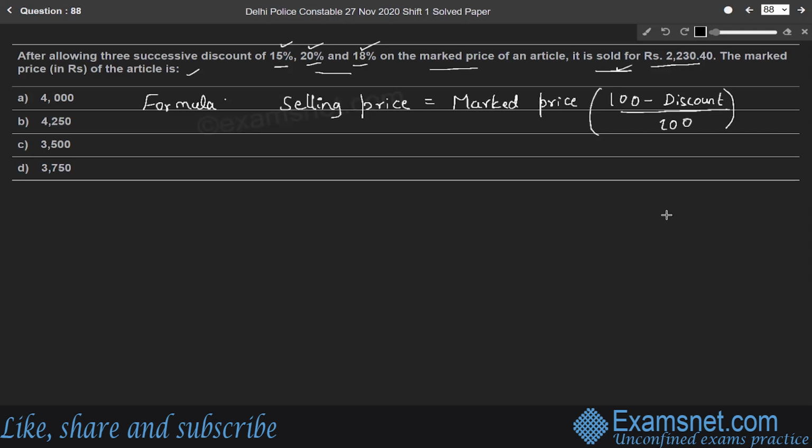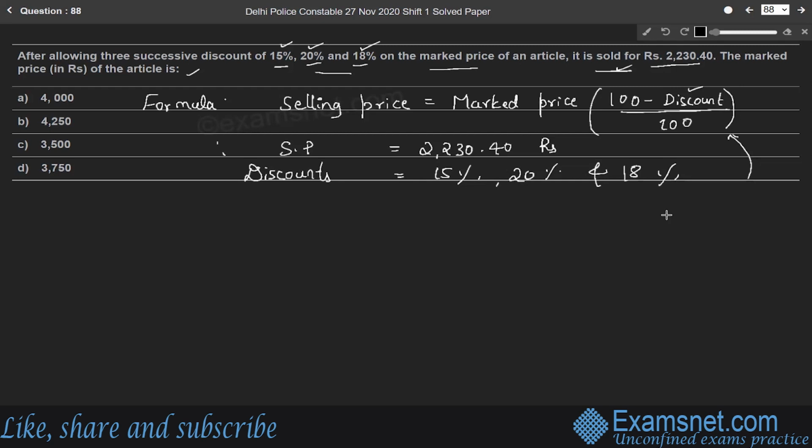Therefore, selling price SP is 2230.40 rupees and discounts are 15%, 20% and 18%. So accordingly, we have to alter the formula like marked price into 100 minus 15 by 100, so once again 100 minus 20 by 100 and into 100 minus 18 by 100.